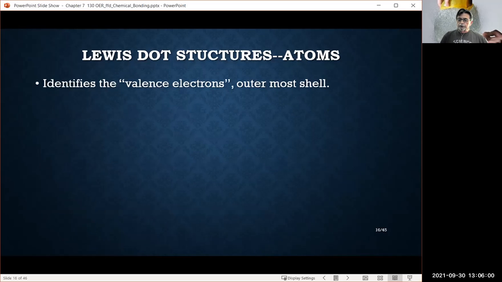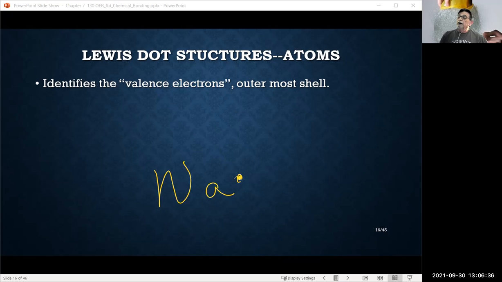With that information, we can draw what are called the Lewis dot structures, which is basically the symbol and then dots that represent how many electrons. For example, we can take sodium. It's in group 1A, which means there's one valence electron, so we simply do a dot, and we're good. That is the Lewis dot structure for sodium.